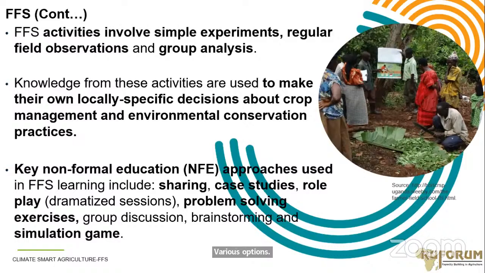Their activities involve very simple experiments, as I've indicated, followed by regular field observations and group analysis of the outcomes that they can observe.